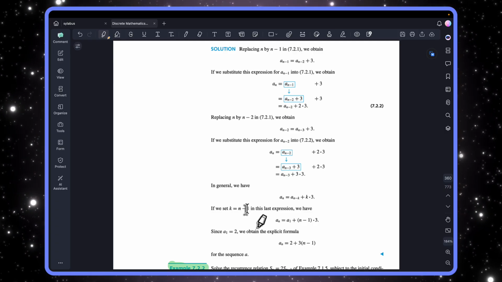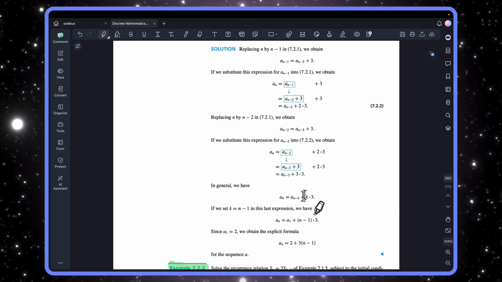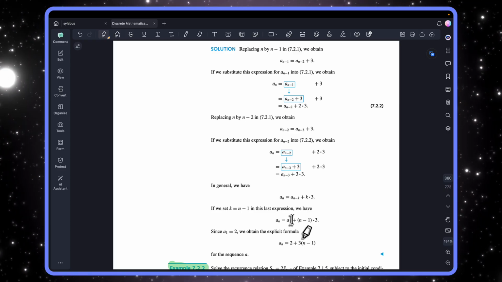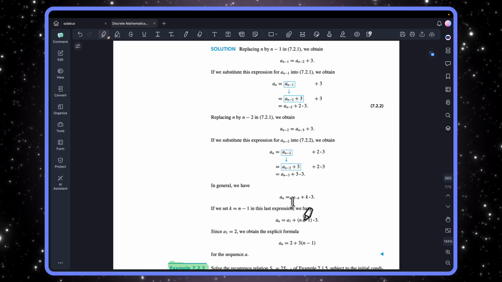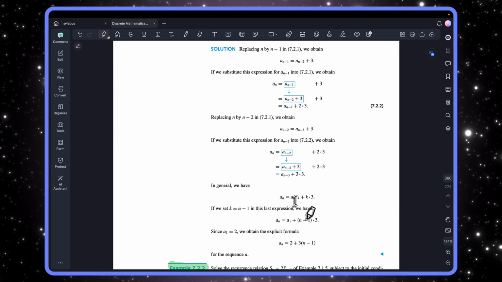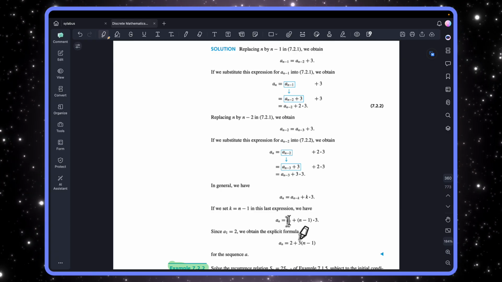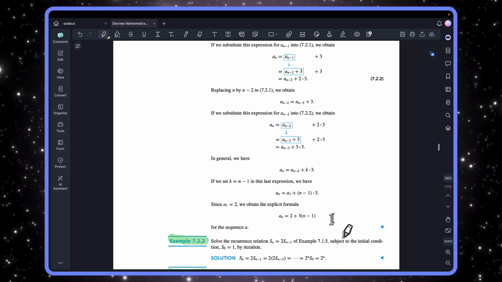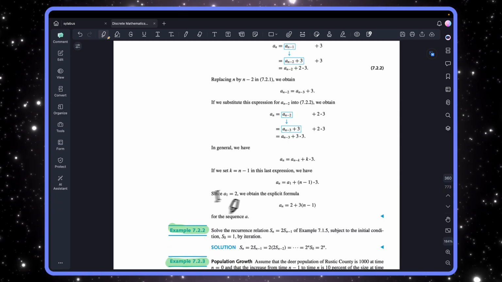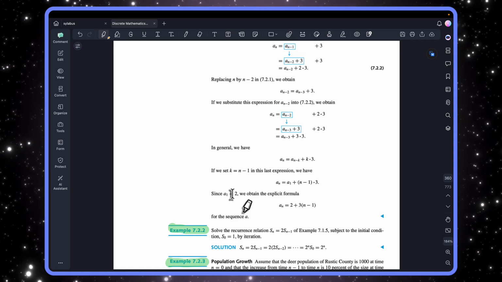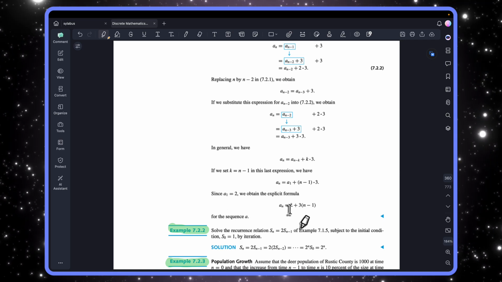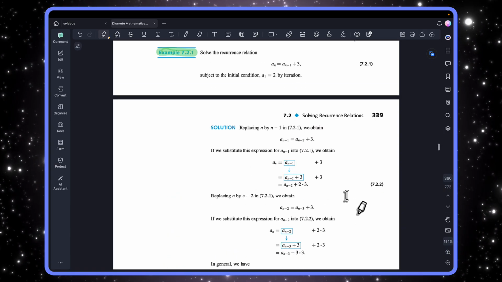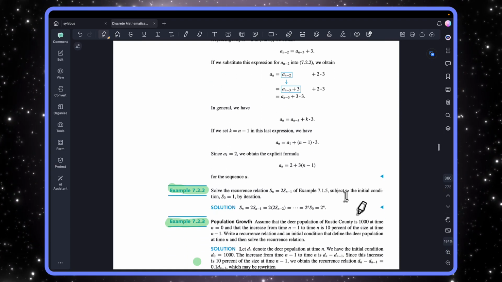Then in the last expression, you see that a sub n is equal to a1 plus, and since k is n minus 1, it's n minus 1 times 3. And that's the formula we're looking for. Since we're given the initial condition that a1 is 2, we obtain the explicit formula a sub n is 2 plus 3 times n minus 1. Okay? So that's the process of solving the relation.